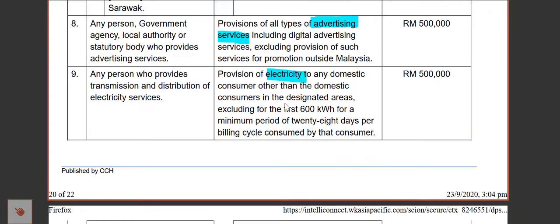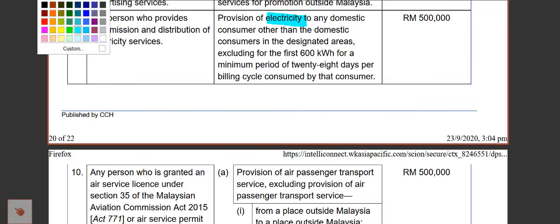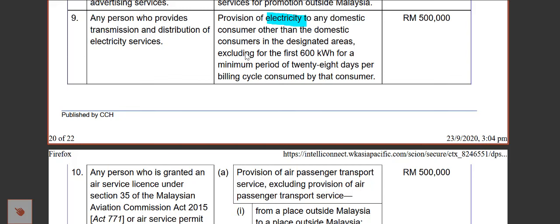That's why if you look at your TNB bill, TNB bill now has a 6%, but they say it's only to domestic consumer. Okay, exclude for the first 600 kilowatt hour. So that's why if you use your electric, the first 600 kilowatt has no 6%, and they are based on the minimum 28-day cycle. Minimum.